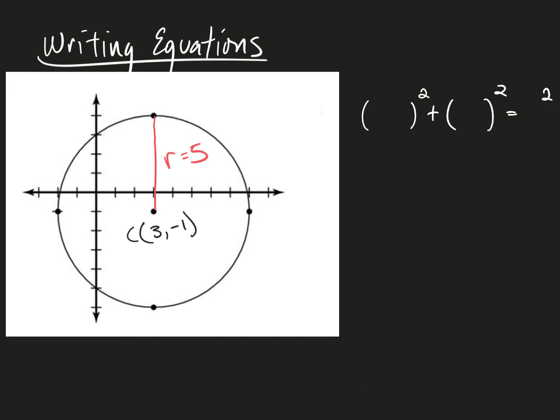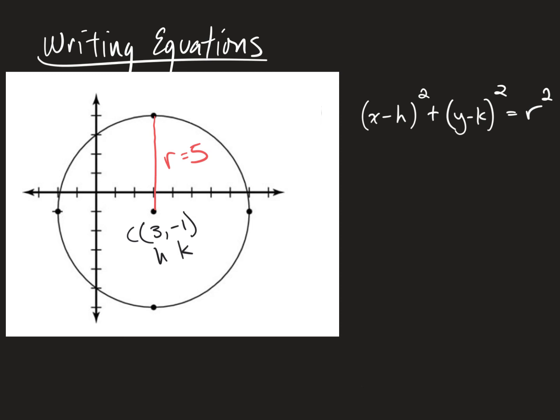In these parentheses, we have x and h, and in the second set of parentheses, y and k, and then the radius is all alone. Poor little radius.